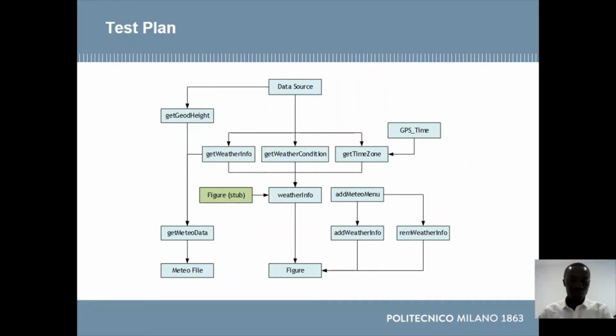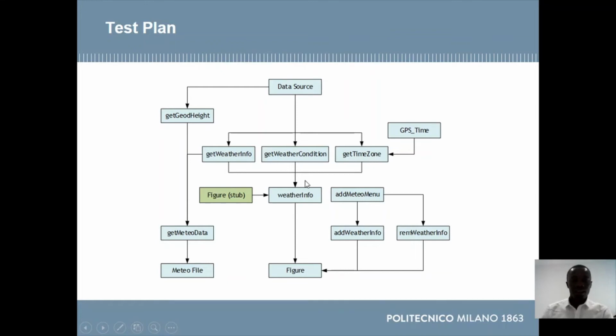And the test is carried out using this plan. So, for instance, to display the object on the figure, the test is carried out in this sequence. Now, the data source component is tested, and then the get weather info, get weather condition, and get time zone methods of the data manager components are then tested to ensure that they give the right data needed to be displayed.